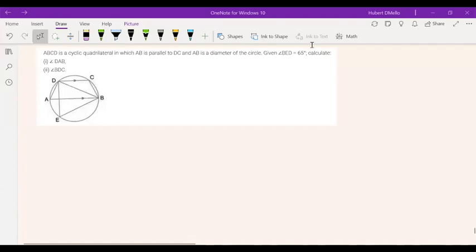This one, right? You can see it on the screen. Yes, sir, it's visible.